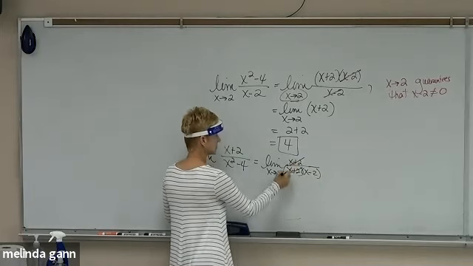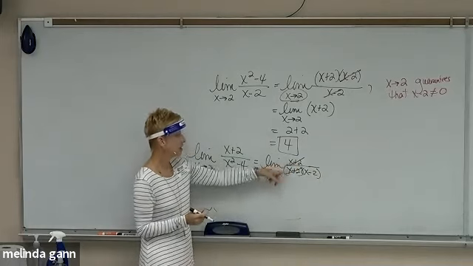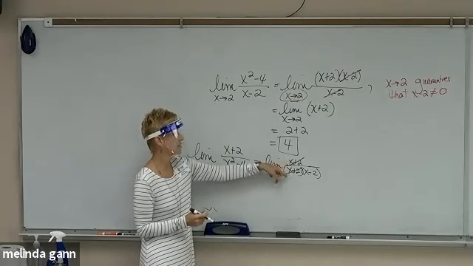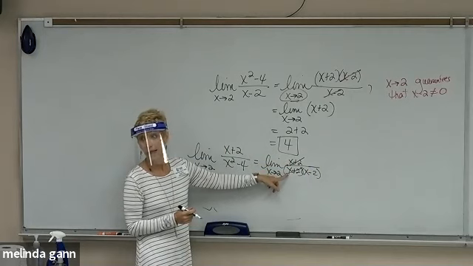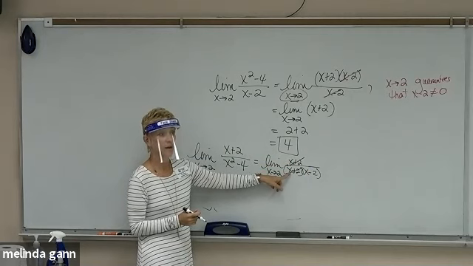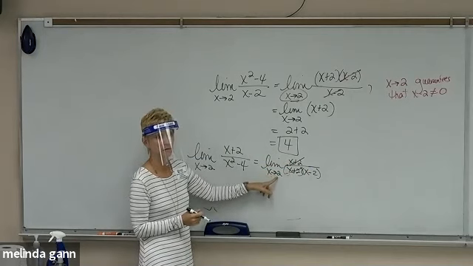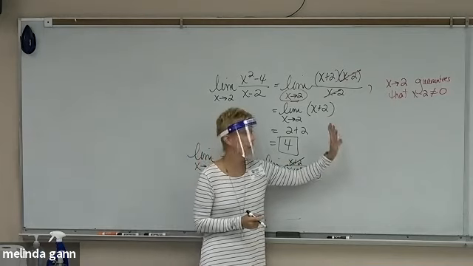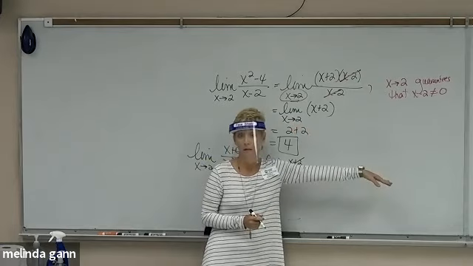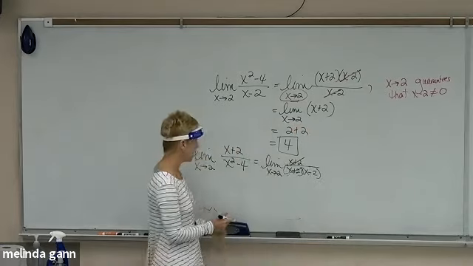Minus 2. Now, I'm good to go there because when's the only time that's going to be 0 over 0? When x is a what? Negative 2. Well, it's nowhere near a negative 2. What's your x getting close to? Positive 2. So, you know, x getting close to 2 guarantees me I'm not anywhere near what? Negative 2. But here's my problem.